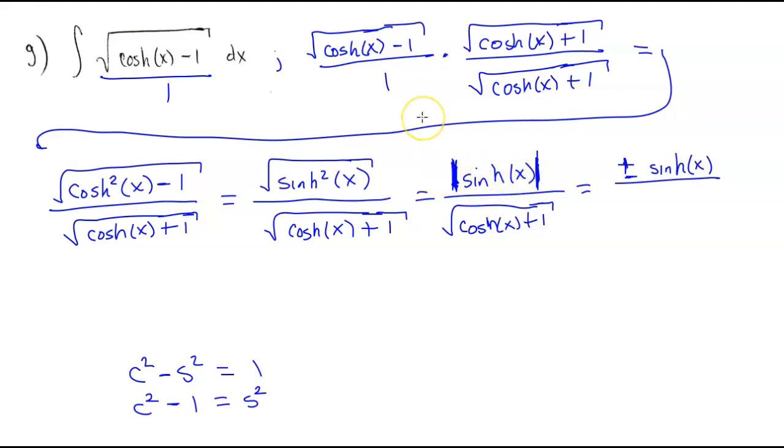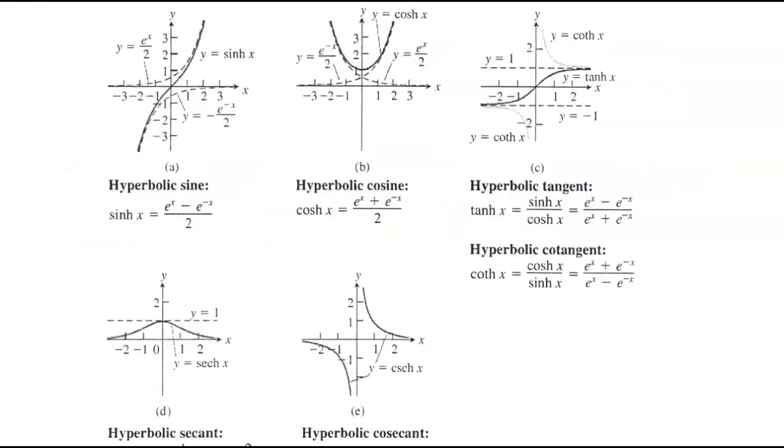We know that in general, absolute value is going to prevent the whole entire expression in the numerator from being negative. But we know that when x is negative for sinh, the result is going to be negative. And to kind of show you that, we can go back and look at the graph here. So if you look here, we see that for sinh x, for values of x that are less than 0, our graph is below the x-axis. So we do have to account for that, okay?